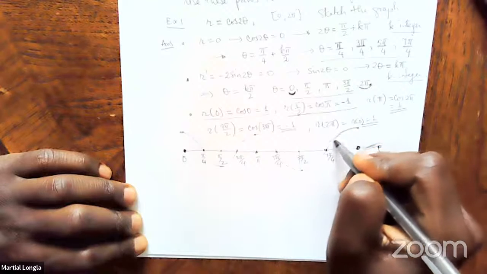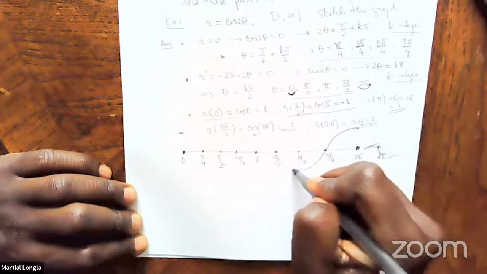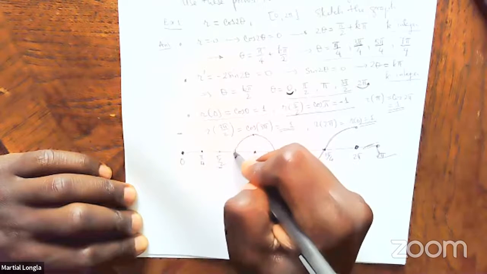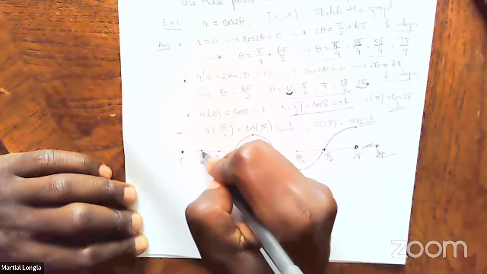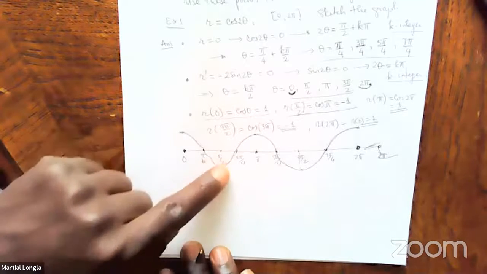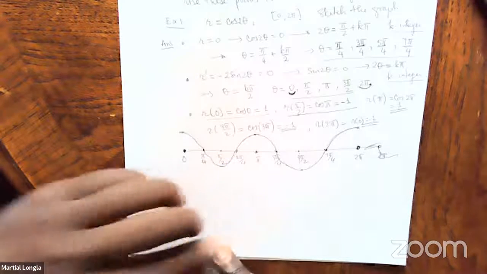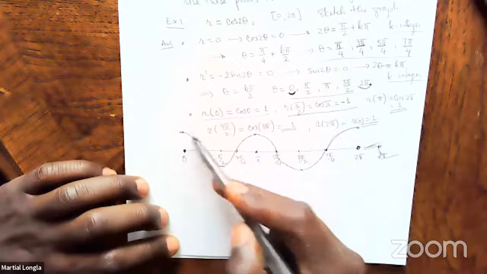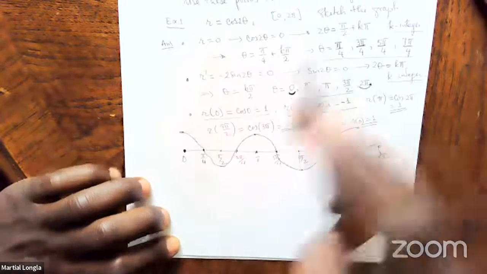So that's technically how your radius evolves in this case. And this is therefore what you will use to sketch the graph, because this is not a graph, this is just how the radius changes with the angle.